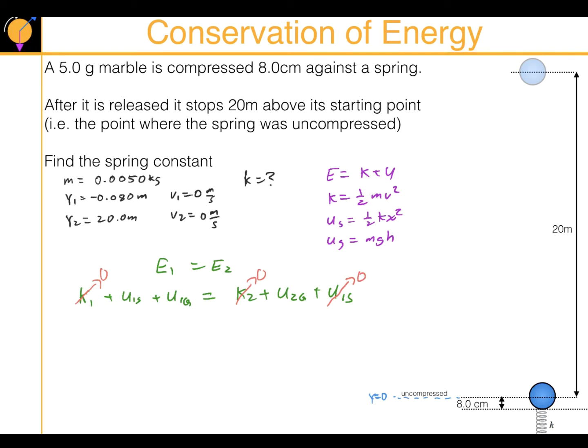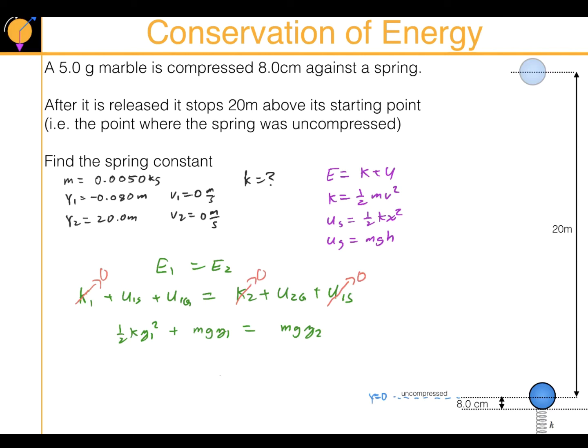So we have 1/2 k y1 squared, which is 0.08 centimeters, or minus 0.8 centimeters, plus the gravitational potential energy, mg y1, and that's equal to the gravitational potential energy when it's at the top, which is mg y2, and everything else is 0.